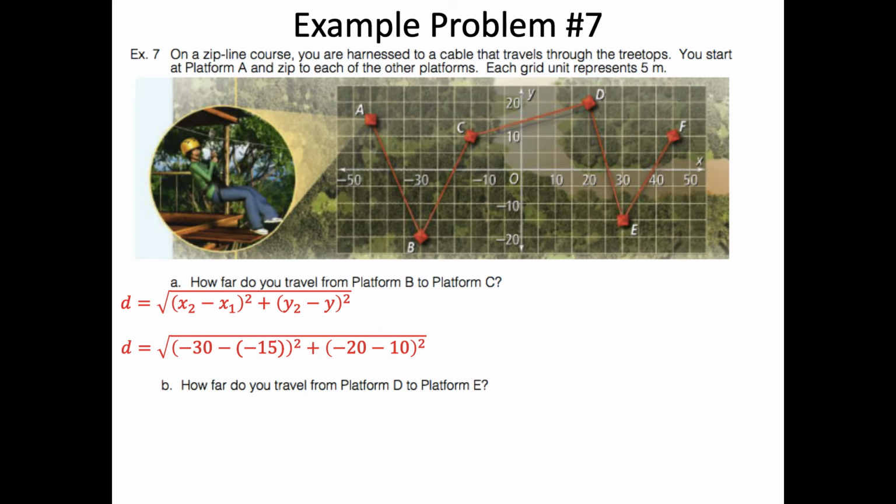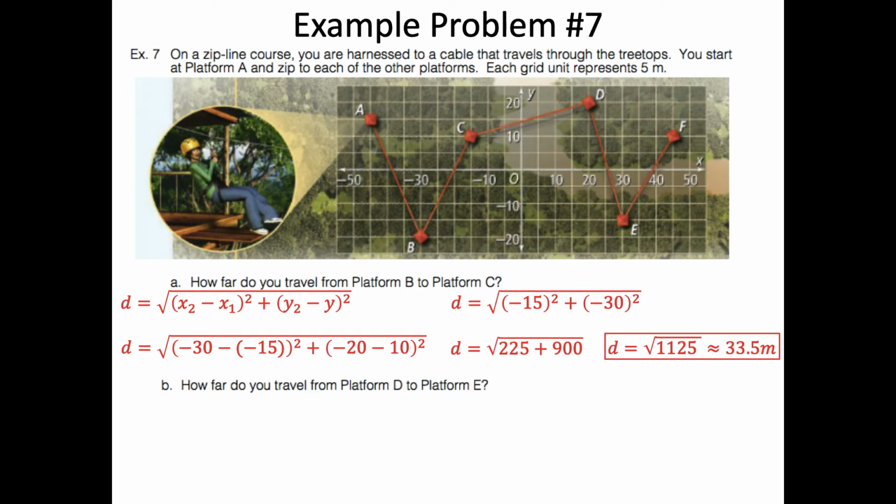Platform B, you can see the values here are -30, -20. Platform C is -15, +10. I just put in my values here, multiply it out, and I'm going to end up with about 33.5 meters.